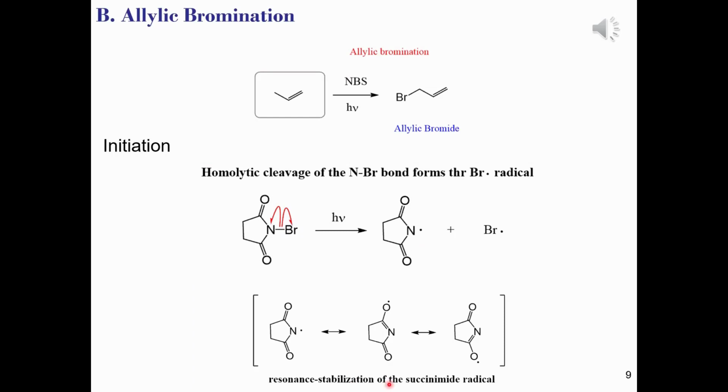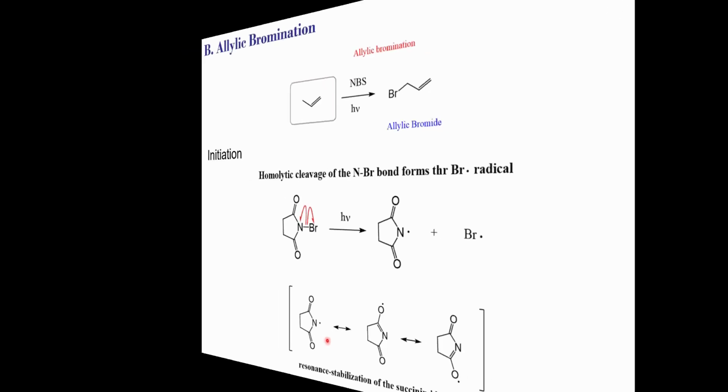However, this reaction also produces a bromine radical, which is then taken into the propagation step. NBS is able to abstract a hydrogen to become succinimide, where bromine is replaced by hydrogen. There are typically trace amounts of hydrogen bromide alongside NBS. We'll see this reagent again on the next slide.